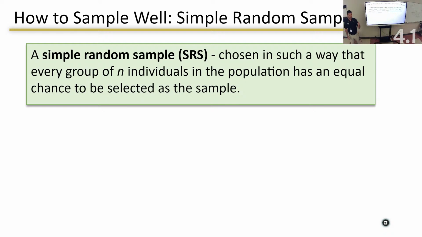This bothers some of my really mathematical thinking type people. If I've got 20 students in here and I'm going to do an SRS, the first person has a 1 in 20 chance of getting selected. The second person does not have a 1 in 20 chance, but they have the same chance as everybody who's left.